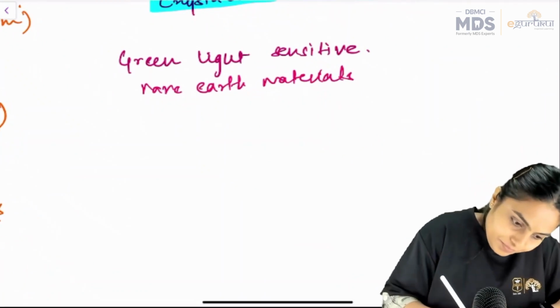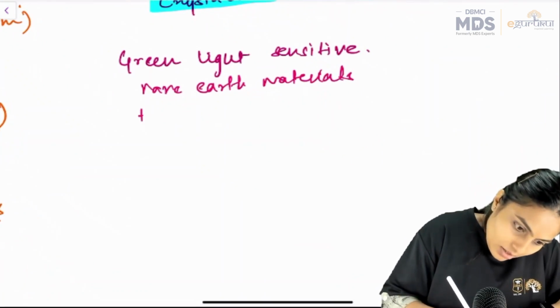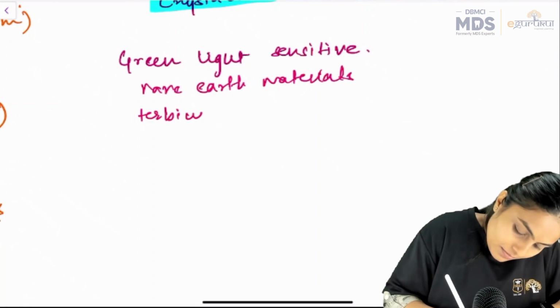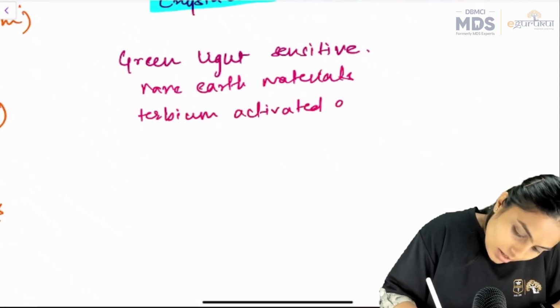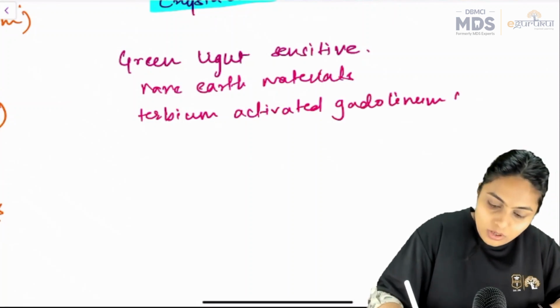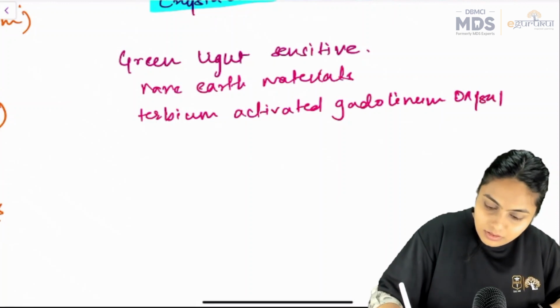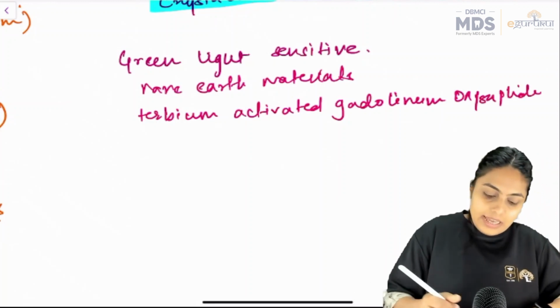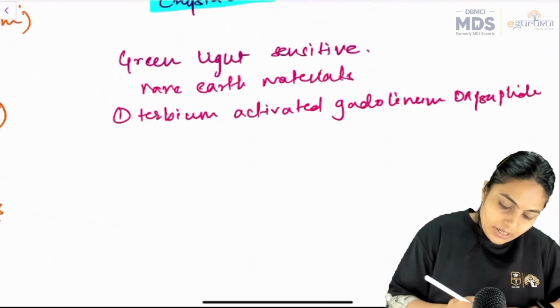First, terbium activated gadolinium oxysulfide. This is the first rare earth material.